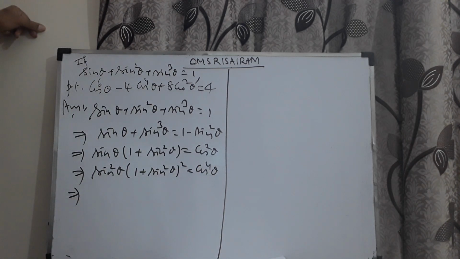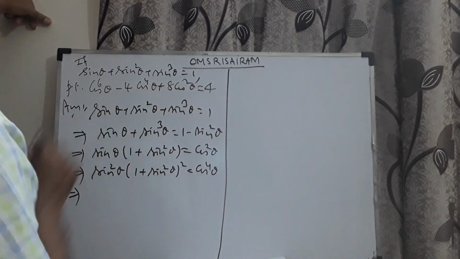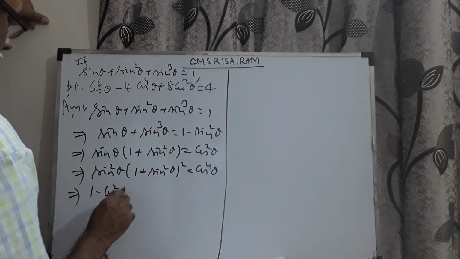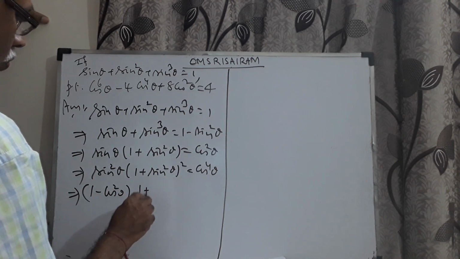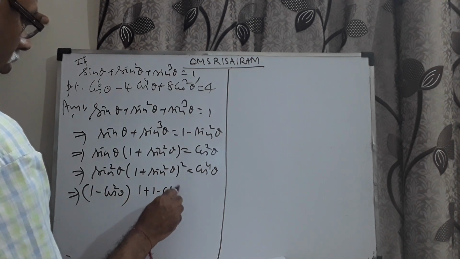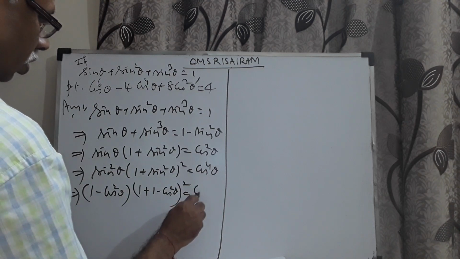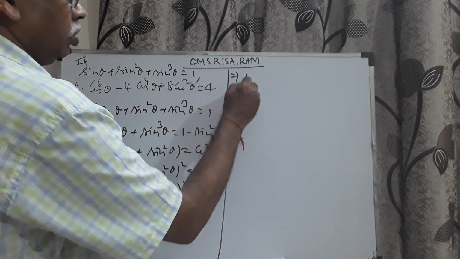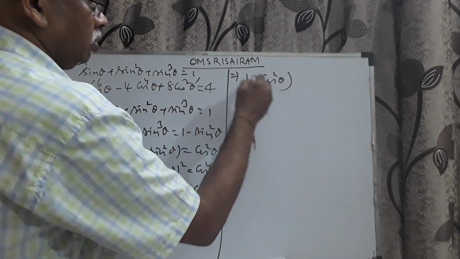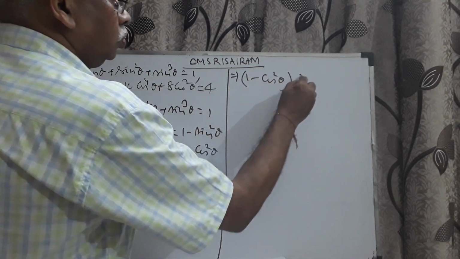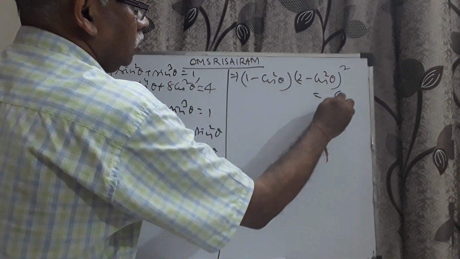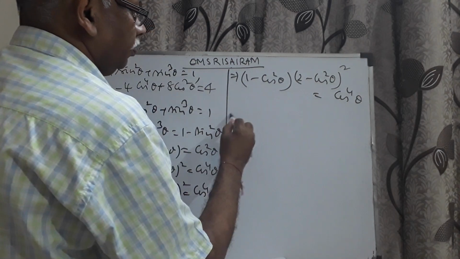I'll try to bring everything in terms of cosine because my result is in terms of cosine alone. Now this is 1 minus cos square theta into 1 plus 1 minus cos square theta the whole square is equal to cos power 4 theta, which implies 1 minus cos square theta into 2 minus cos square theta the whole square is equal to cos power 4 theta.